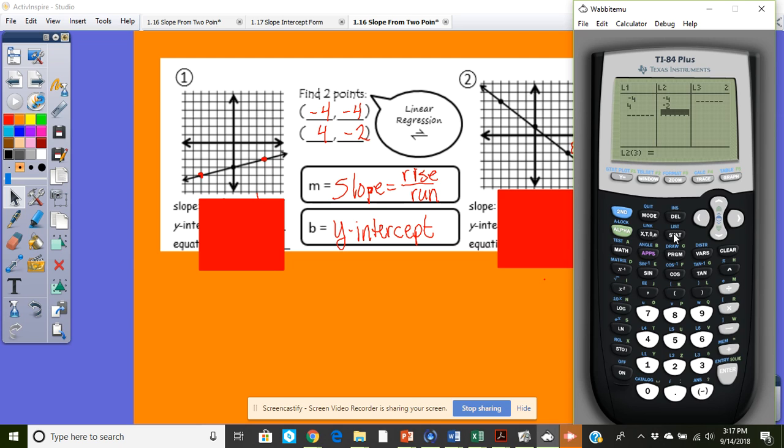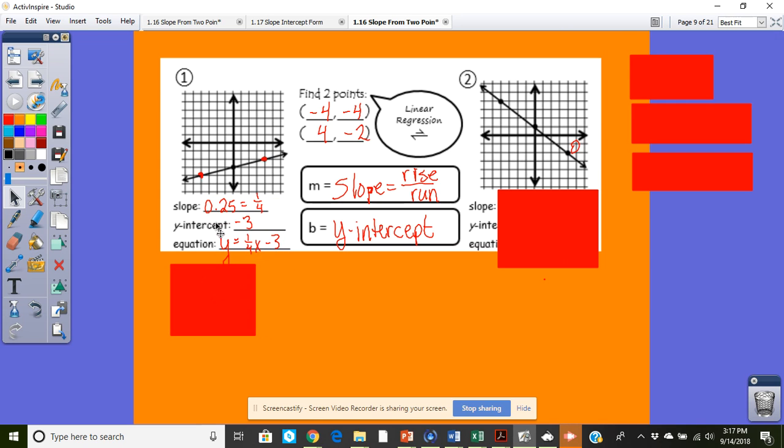And so we go back to Stat, go over to Calculate, down to 4, and then Calculate. And it tells me what my A and my B is. So your slope here is 0.25 or 1/4, and your y-intercept is -3. So your equation would be y equals 1/4 x minus 3.